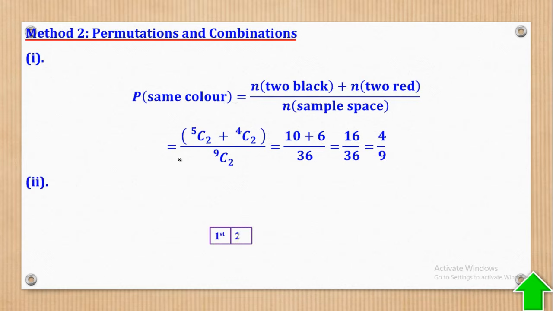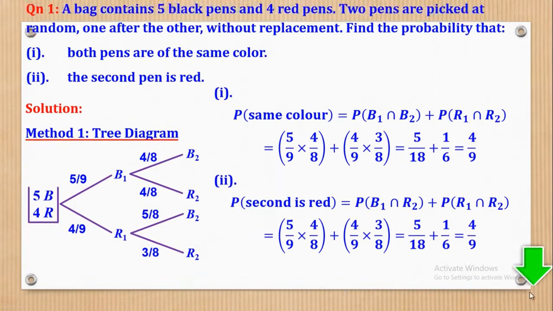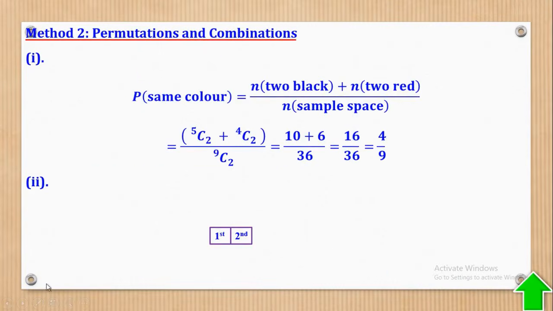Then for Roman 2, the order matters, because the question said the probability that the second pen is red. So when the order matters, we use permutations. So here, that is the second, and this will be the first.